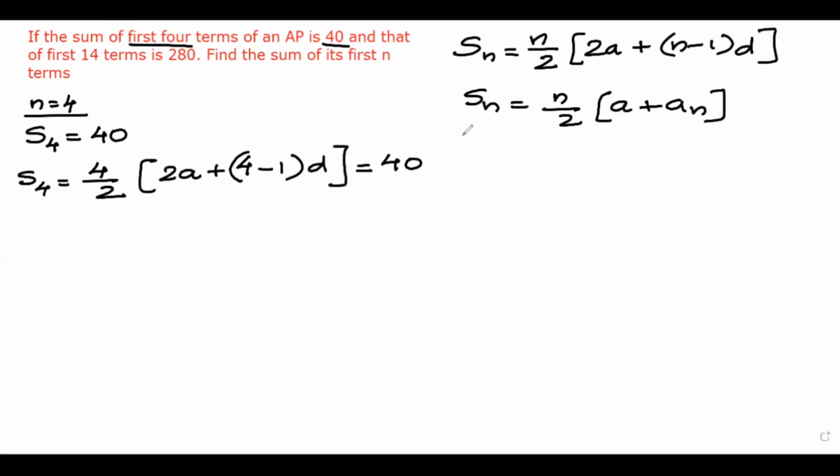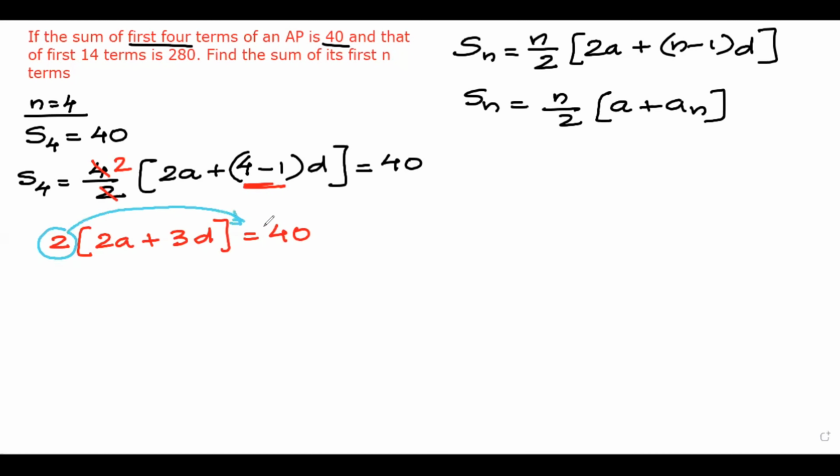So let us make an equation out of this. We can cut this, right? 4 and 2 over here, so it will become 2. 2 times 2a plus 4 minus 1, which is 3d, is equal to 40. In the next step, shall we move this 2 to the other side?